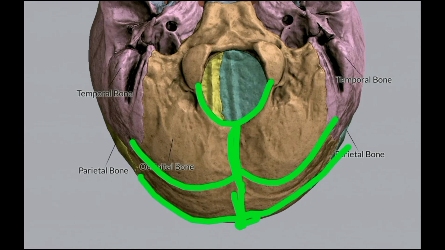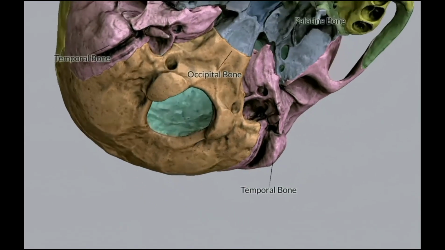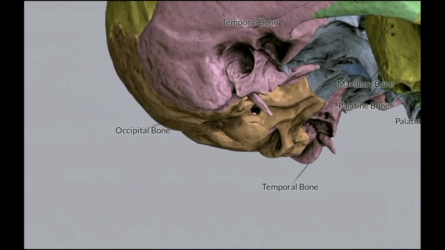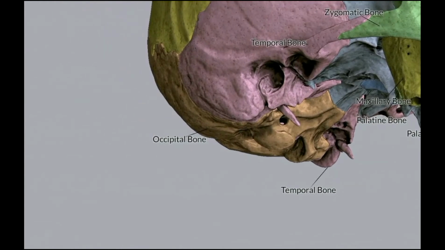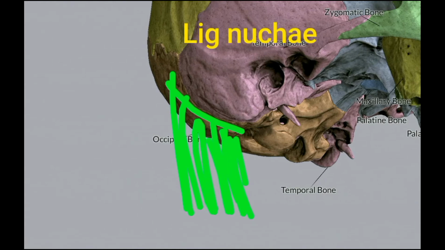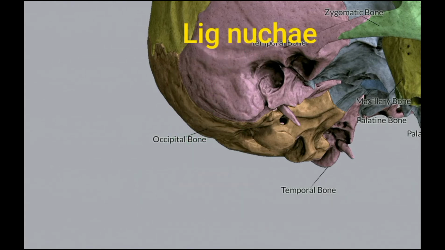This external occipital crest gives attachment to the ligamentum nuchae. Nucha means neck, so it is the ligament of the neck.